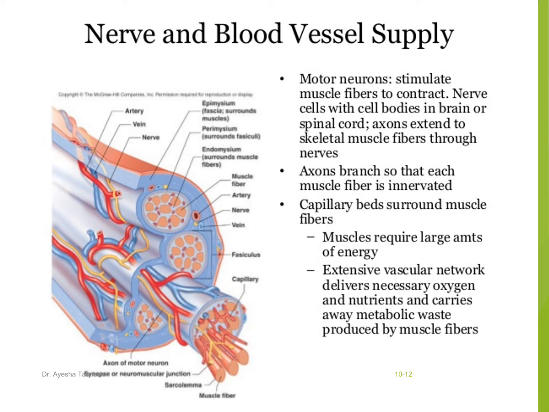They are entering from the epimysium into the perimysium, and they are again going into the endomysium, where the extensive need of energy for these muscles is fulfilled by the blood present in the arteries.